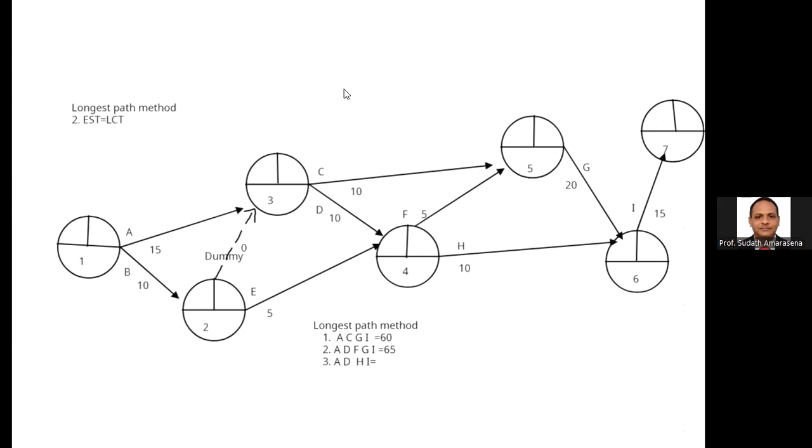It's another path. We can go via the B, E, F, G, I. B 10, E 5, 15, F 5, 20, 40, 55.